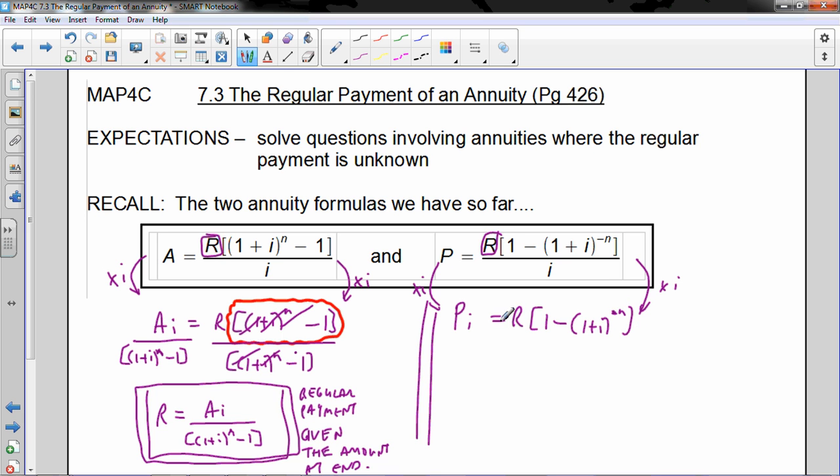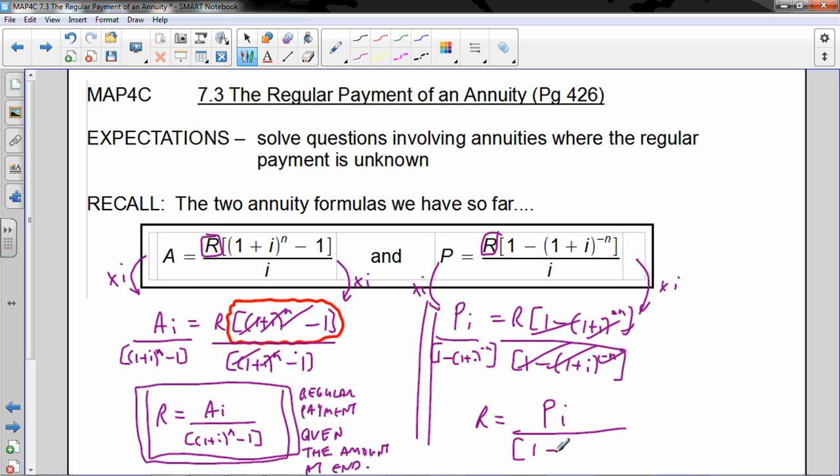But to get R alone, all I have to do is get rid of the big square brackets on both sides by dividing. And then I get a new formula, right? Those will cancel. My new formula is R equals P times i over 1 minus (1 plus i) to the exponent minus n.